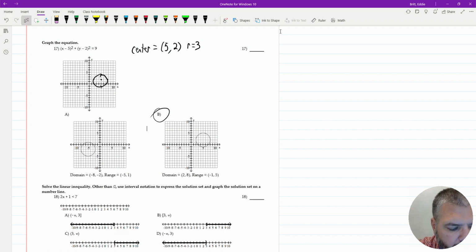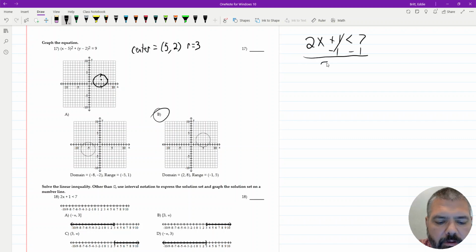Let's see what we do on this problem. 2x plus 1 is less than 7. So let's solve this like we would an equation. I'm going to write it up here. 2x plus 1 is less than 7. So if I want to solve for x, I would subtract 1 from both sides. So I have 2x is less than 6. Now to solve for x, I want to divide by 2 on both sides. So I have x is less than 3.